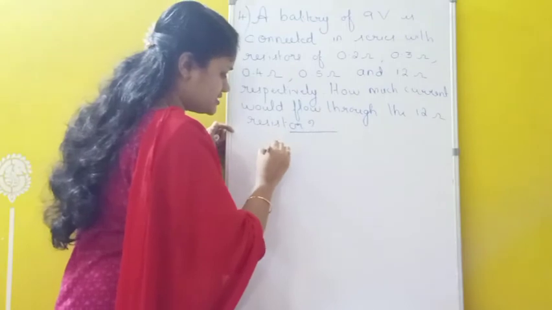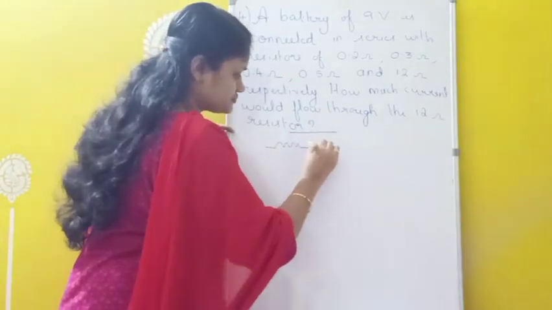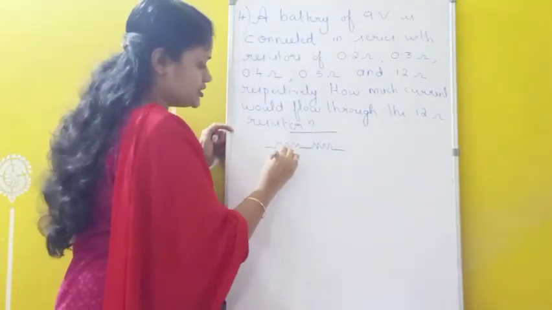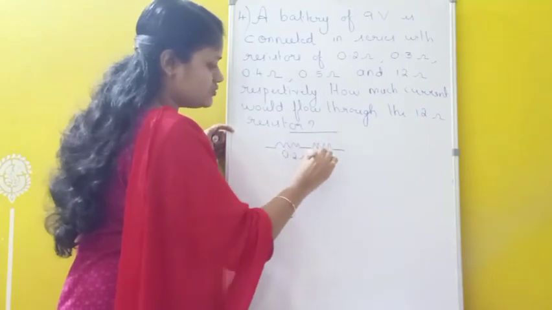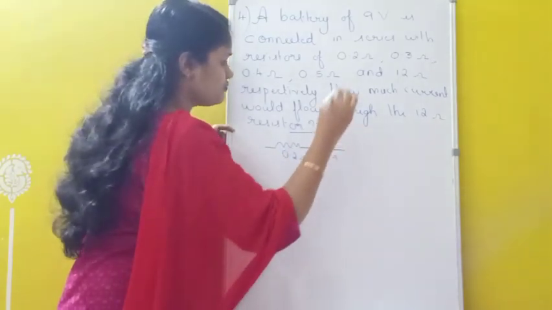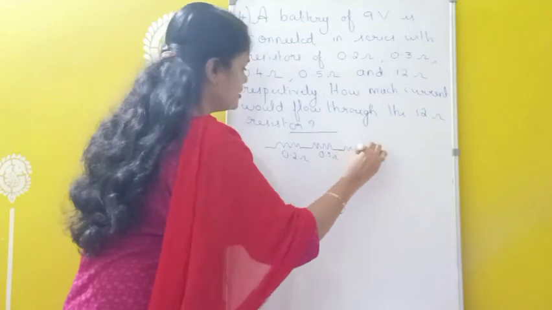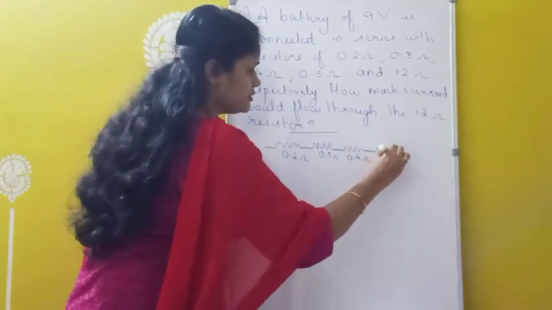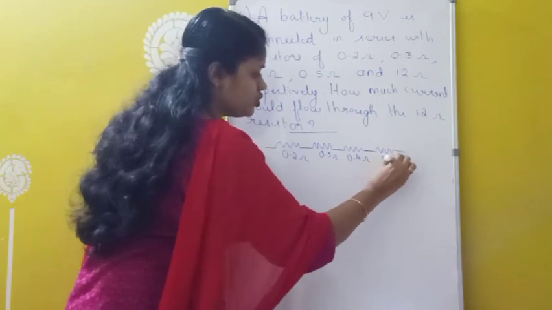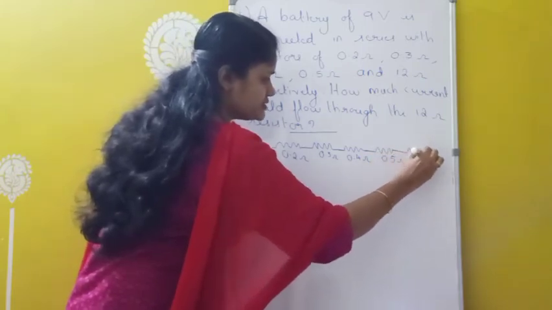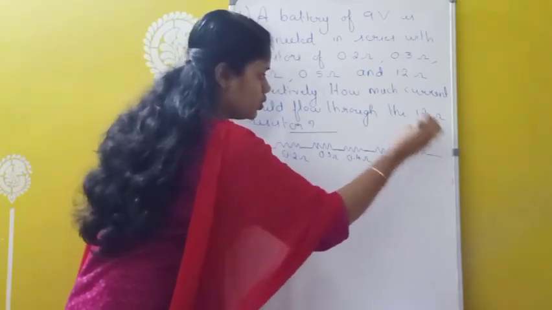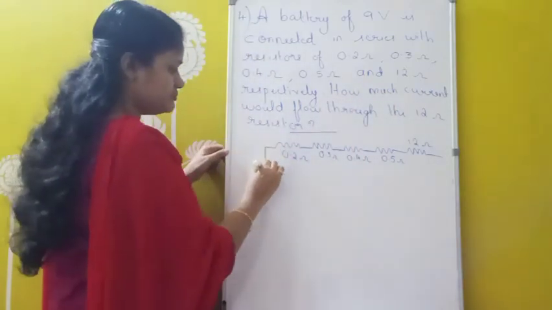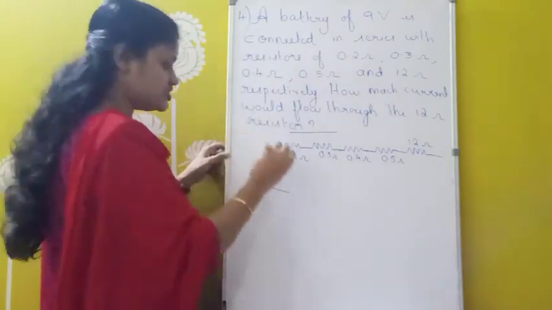Suppose I am drawing all these resistors. So this is 0.2 ohm, another resistor 0.3 ohm, the next one 0.4 ohm, and again the next one 0.5 ohm, and the next one is 12 ohm. It is connected to which one? A battery of how much? 9 volt.